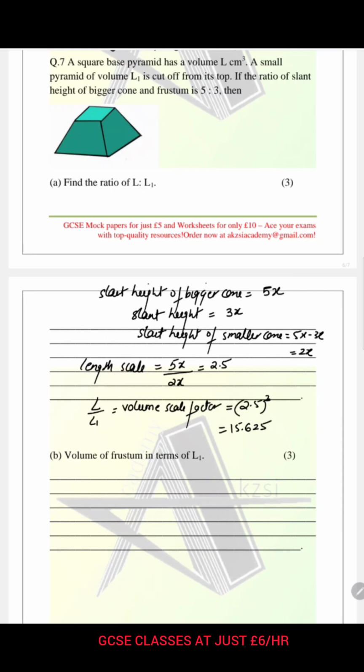Then volume of the frustum in terms of L1. So volume of frustum is volume of bigger cone minus volume of smaller cone. Volume of bigger cone is clearly L, and volume of smaller cone is clearly L1. So L minus L1. Also we do have L over L1 is 15.625.